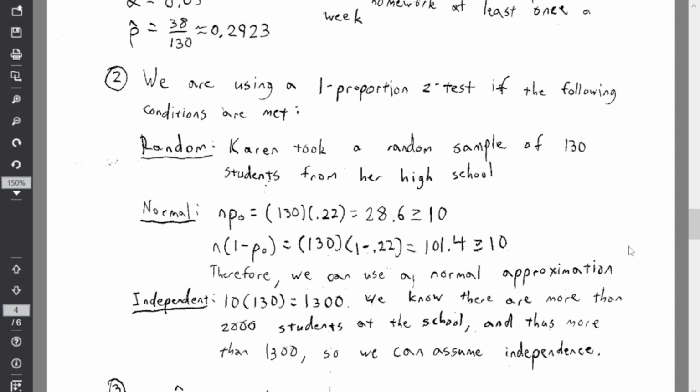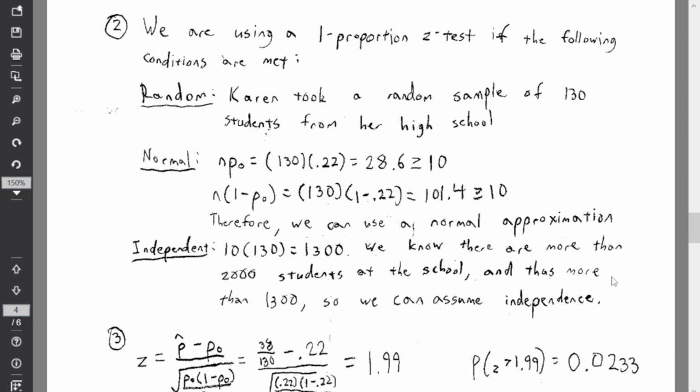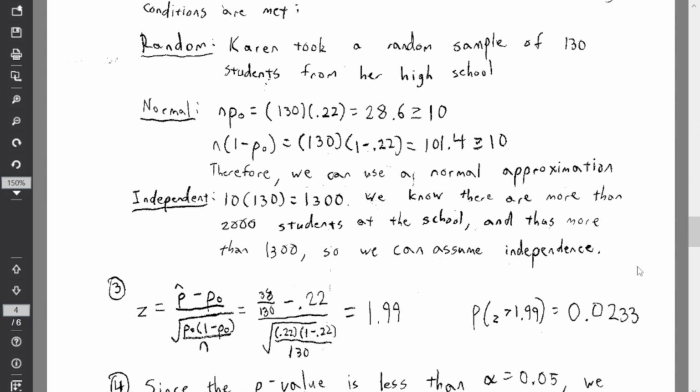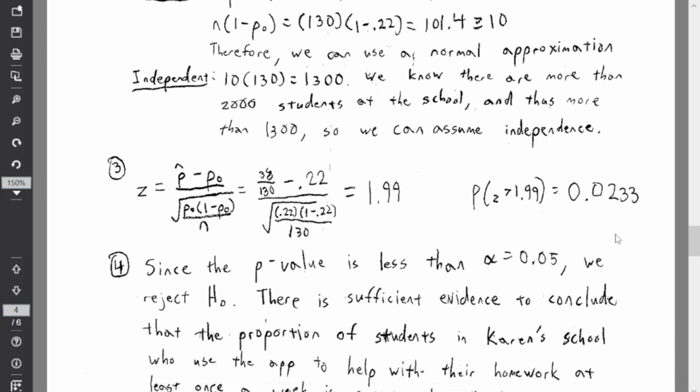So then we go into our formula for the z-score. Here's the only place that p hat gets used. P hat minus our value of p naught over our standard deviation. And again, p naught is in the denominator there because we're assuming the null is true. That's the distribution we're using. And we get a z-score of 1.99. And our p-value based on that z-score is 0.0233, which is less than our alpha level.